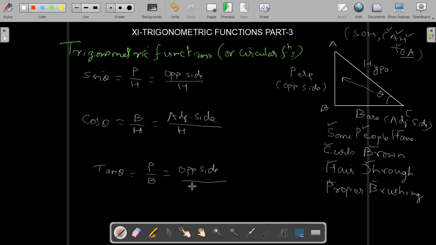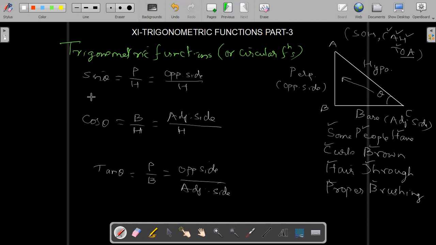Oh, sorry, upon base. Base is the adjacent side, so tan theta is opposite upon adjacent side. These we have to remember.